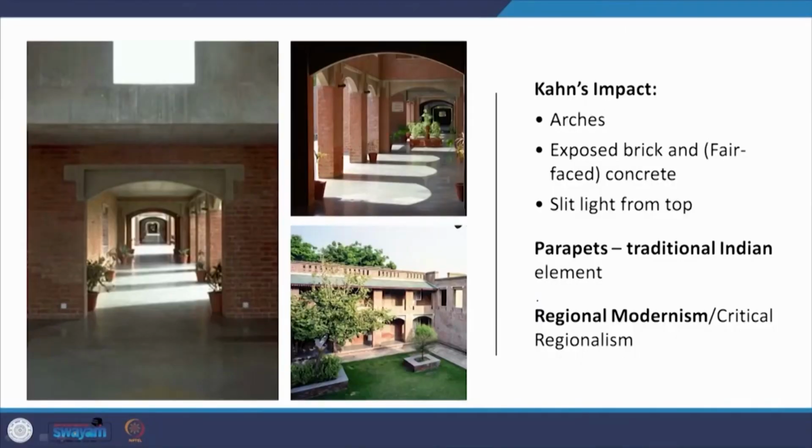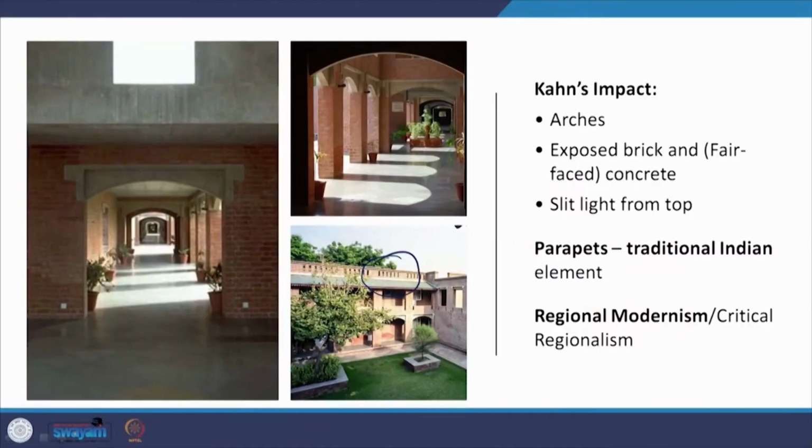Kahn's impact is seen in the arches, the exposed brick and concrete, and the slit light that is coming from the top. But the parapets here, I told you that this is a part of the regional modernist context. When you look at the parapet here, this is traditionally Indian. So here Bimal Patel adds this identity.